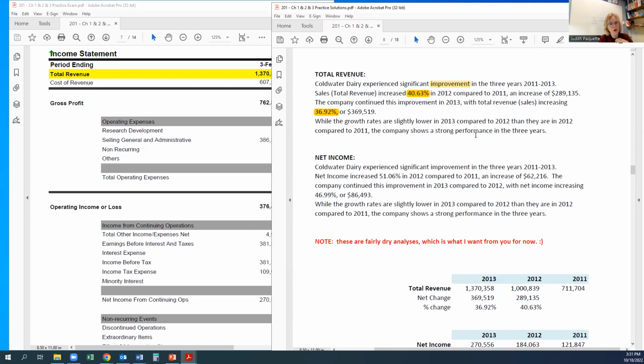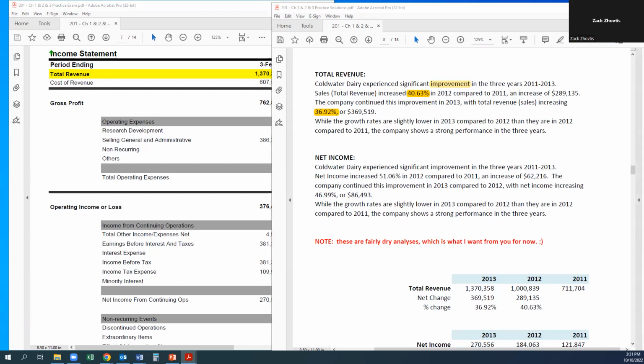The company showed strong performance in the 3 years. So this last sentence, you're telling me you understand that the growth rate is slower, but it's still healthy. So basically, one sentence here, couple sentences here, and then a summary sentence to talk about the trend. Okay.